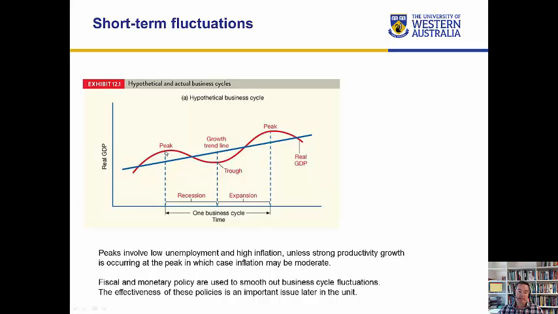Now with these peaks, they do potentially cause problems in terms of high inflation. But because of the high inflation, those peaks are really unsustainable. The problem with inflation that we'll see is that once inflation occurs, it can actually lock itself into the system.